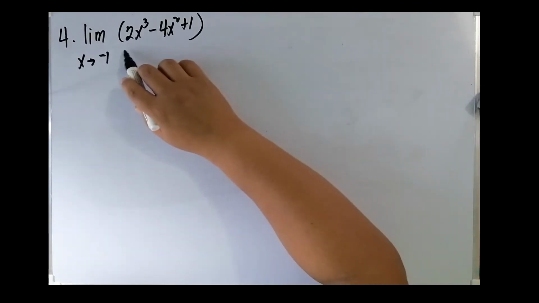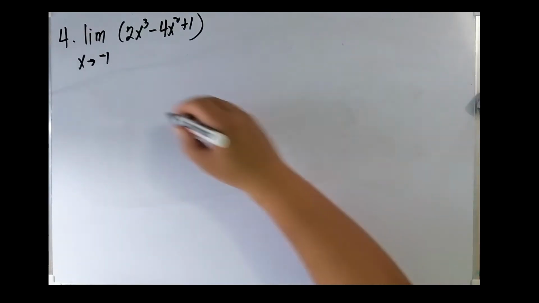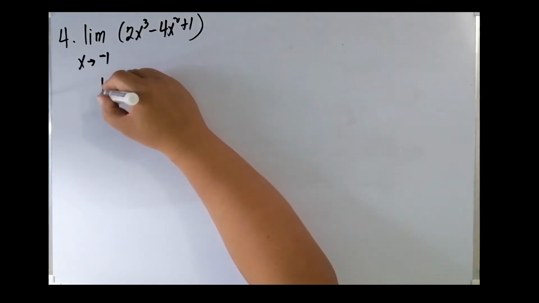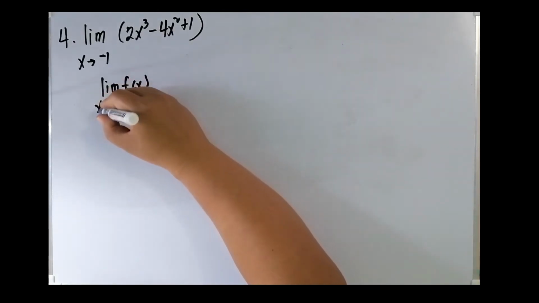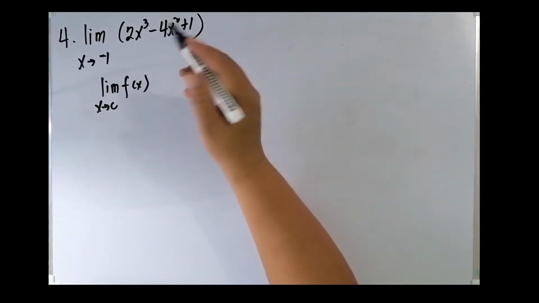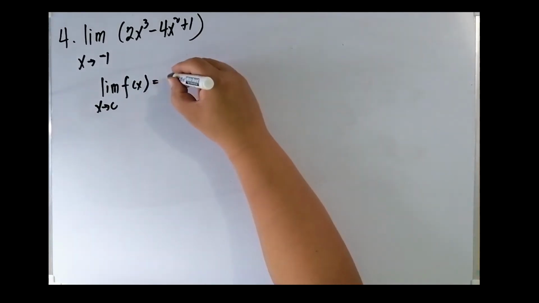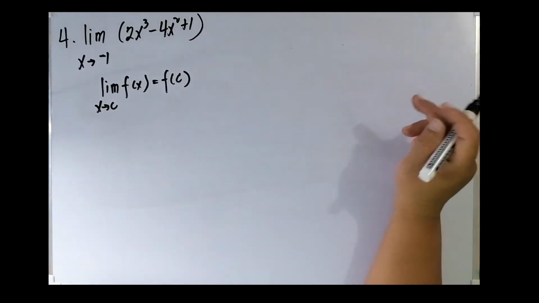So since our function is a polynomial, sabi ng first theorem na if the limit of f of x as x approaches C, where C is a real number, then this is equal to f of C. Paano natin gagawin?